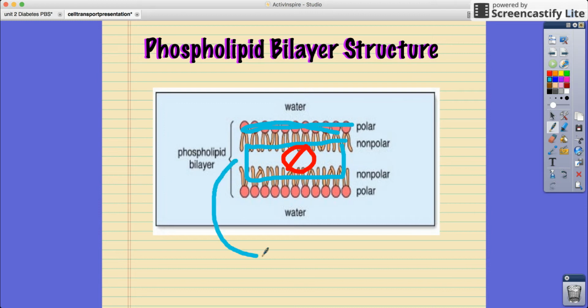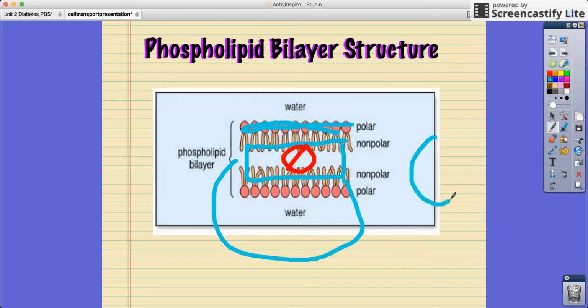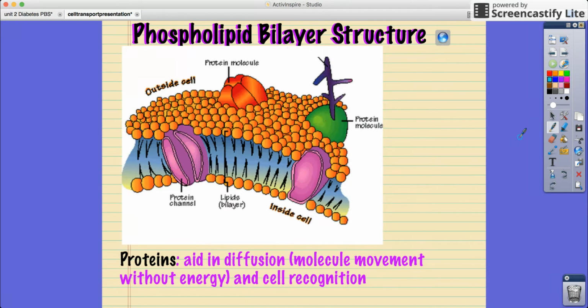And this structure continues all the way around. When this cell is completely made, we've got these heads and these tails, and they're arranged in a cylinder so that the insides never ever touch the water because they are hydrophobic.